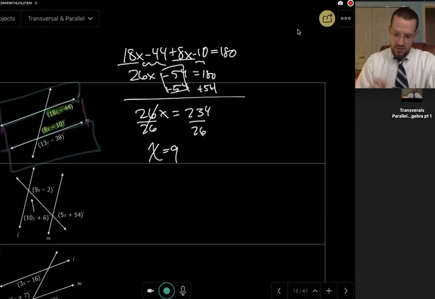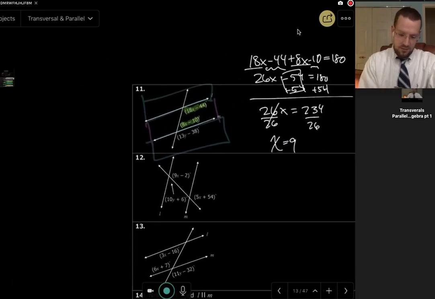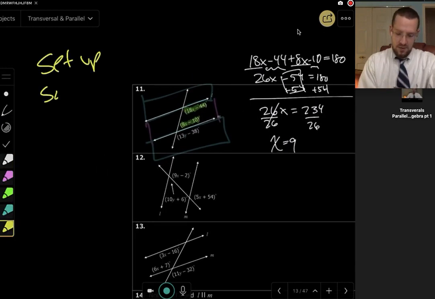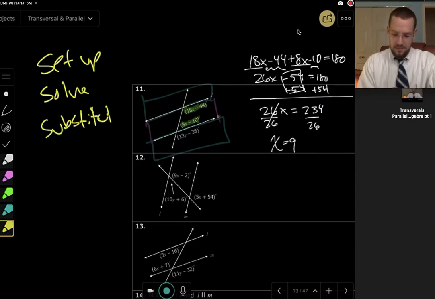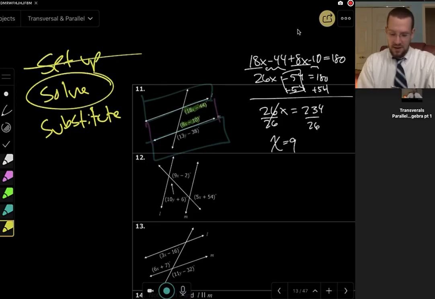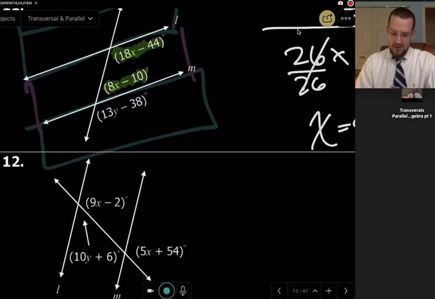Okay, so here's the plan, right? We want to set up, solve, and now we're going to substitute. So set up, we got that, we solved it, okay. Now we need to substitute. We need to plug this back in. And so we know x is 9.